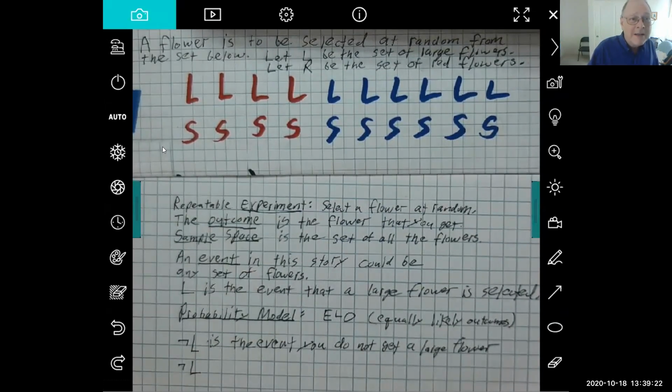Or we identify events with just sets of outcomes. So another way to say this is that not L is the set of all the flowers that are not large.